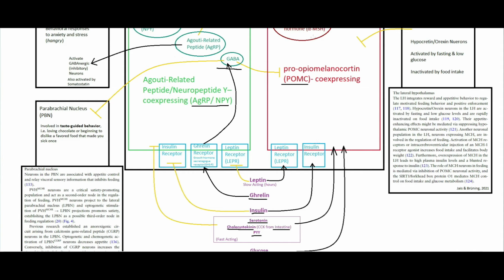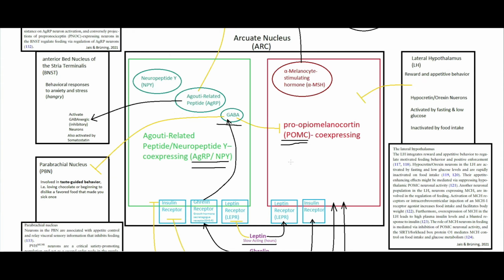Then leptin, which is a sort of slow acting signal, is what signals that feeling of being full, even 2 hours after you've eaten lunch or whatever. That activates the stop eating neurons and inhibits the start eating neurons.